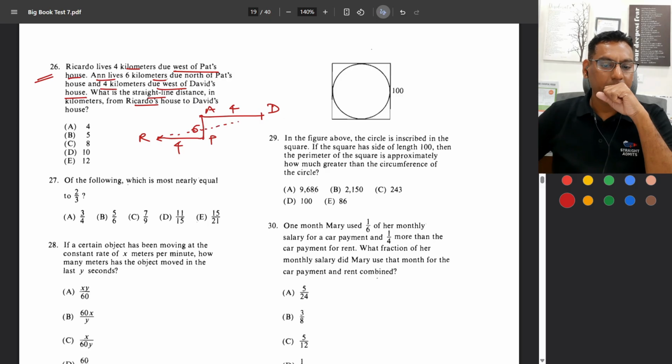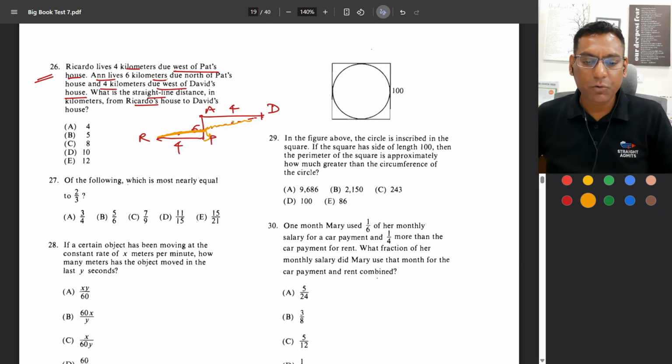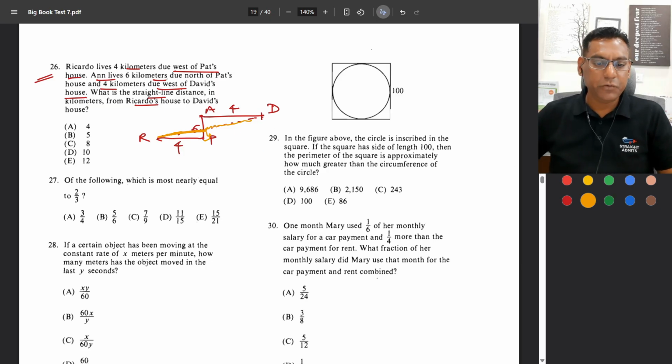For us to calculate that, there are two ways. One is a long way. You could find out this distance first, then this distance first. But then how are you going to find out this distance? For that, you need to find out this distance. We don't know that. But anyway, we don't need that, because if you just make a small adjustment and draw it like this, see, all the directions meet at 90 degrees, right?